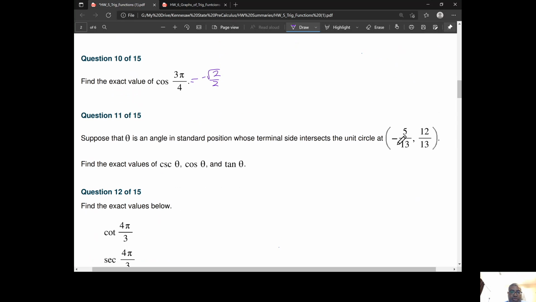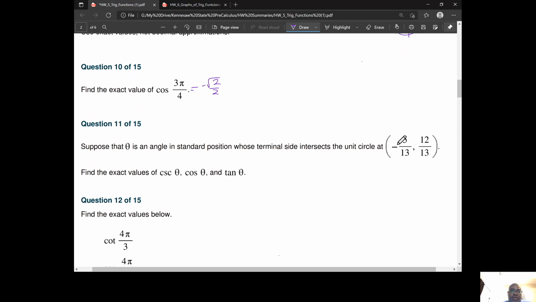Suppose theta is an angle in standard position whose terminal side intersects the unit circle at negative 5 over 13, 12 over 13. So x is negative on this side, y is positive. So we'll say it is roughly right there.